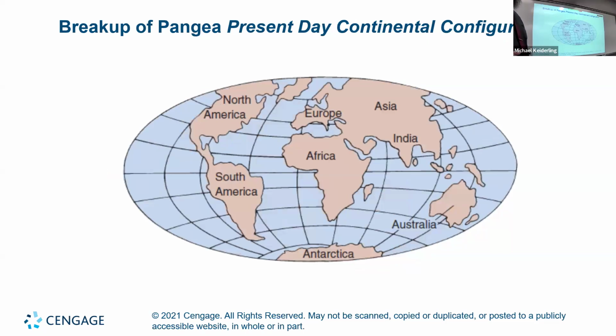And this is the present day continental configuration. North America, Europe and Asia. India has slammed into Asia, forming mountains. South America, Africa, Australia. And this process is still ongoing. You know, Eastern Africa is sort of separating from the rest of Africa.